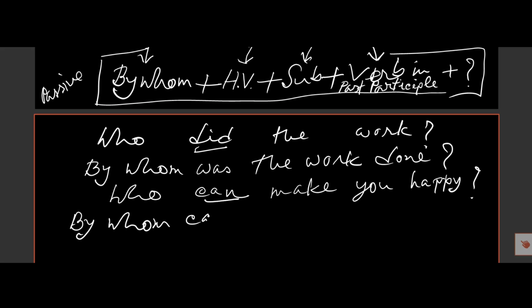Can, there is a modal auxiliary, so it must take be, so by whom can you, object, and then be, and the verb will be the past participle made, and then the other word, happy. Who can make you happy? By whom can you be made happy?